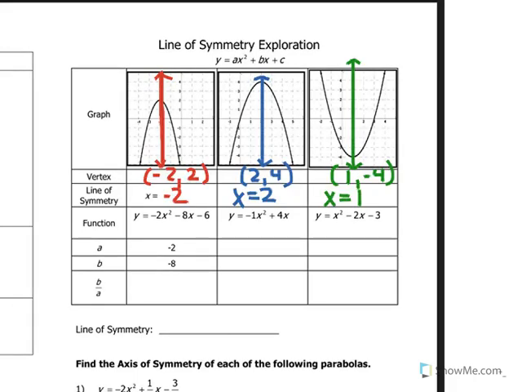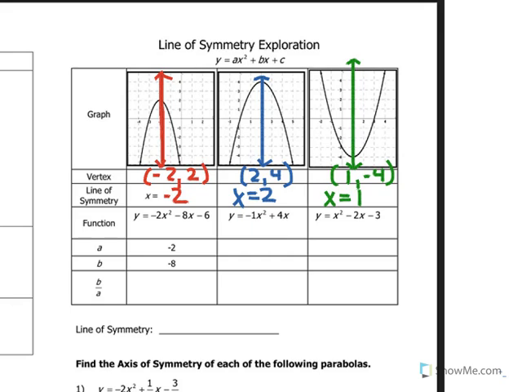Okay, I hope you have -2, 2, 2, 4, and 1, -4 for the 3 vertices on these parabolas. The line of symmetry is the vertical line that splits them in half, and it always matches the x value on your vertex. So you should have x equals -2, x equals 2, and x equals 1.